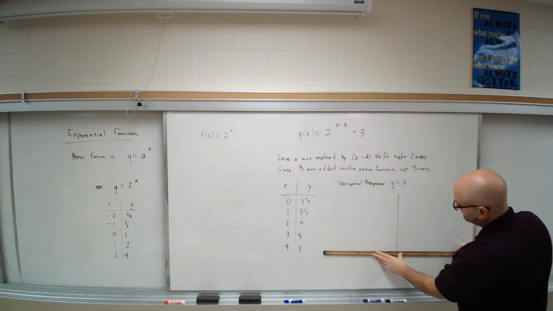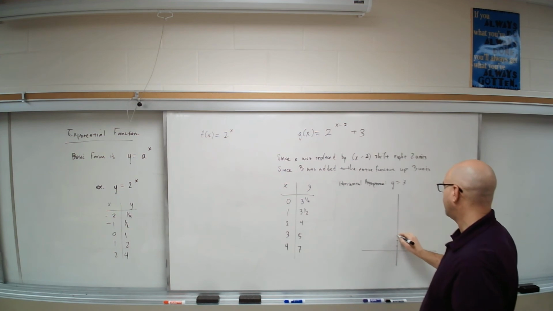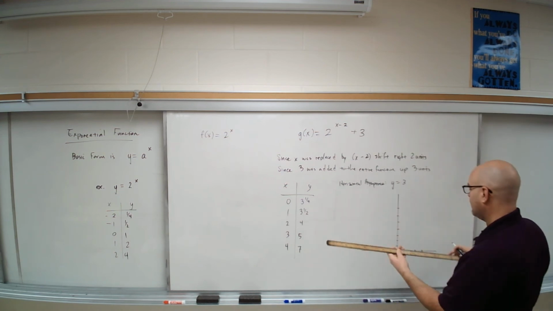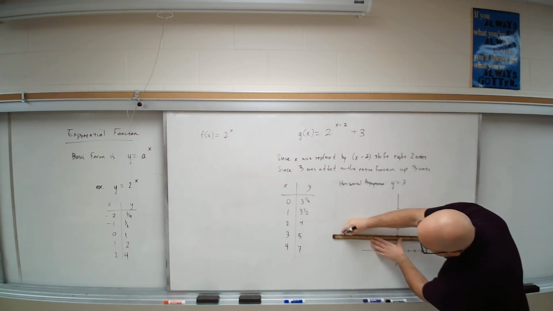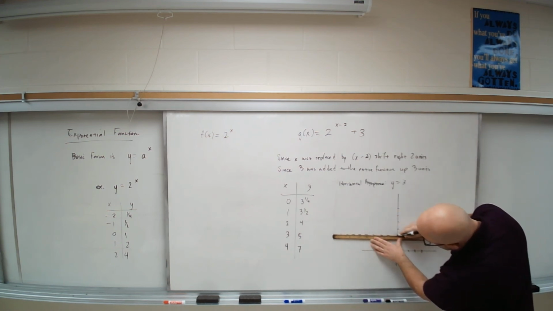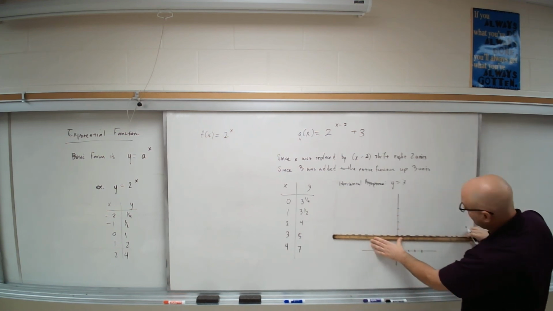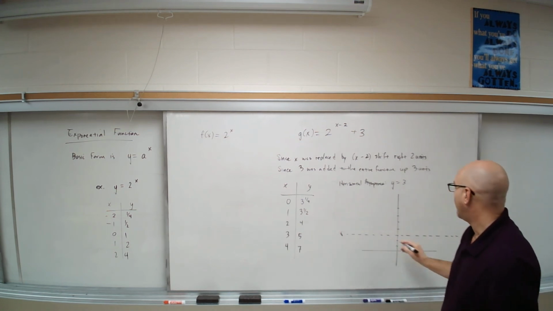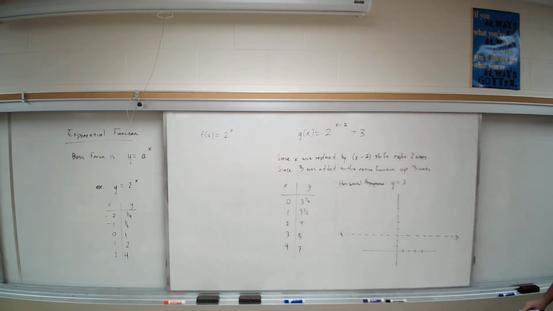Right? And then let's go ahead and sketch our graph here, and you have a grid there on your paper. So here I'm going to put, again, a dashed line for our horizontal or our end behavior asymptote.